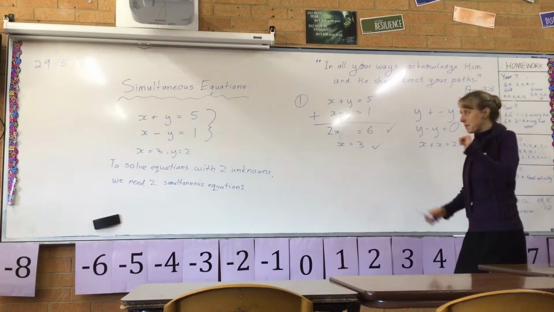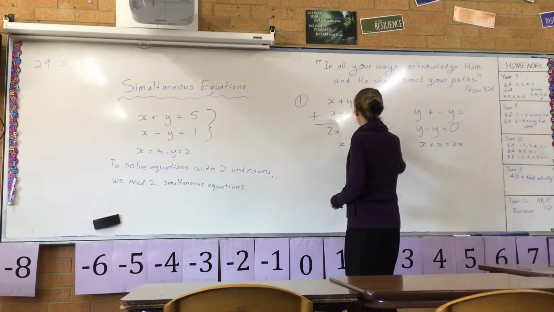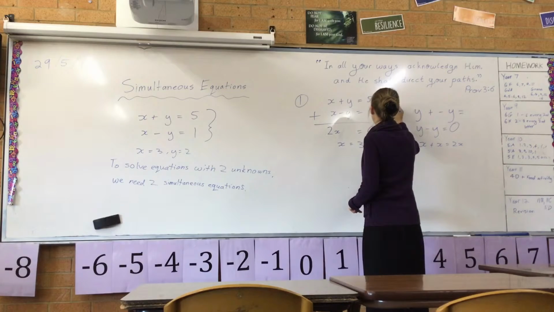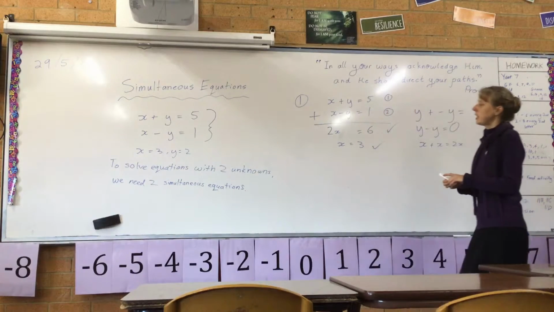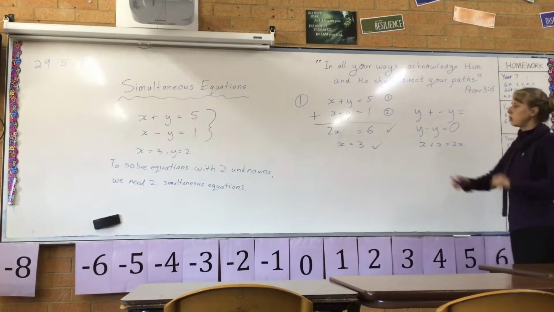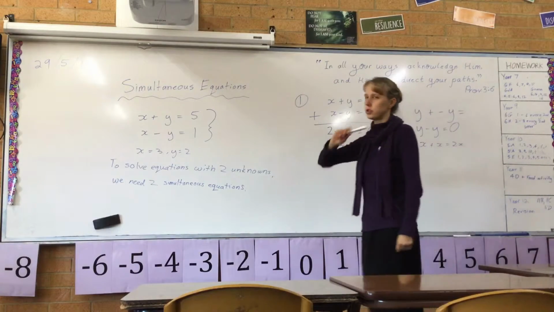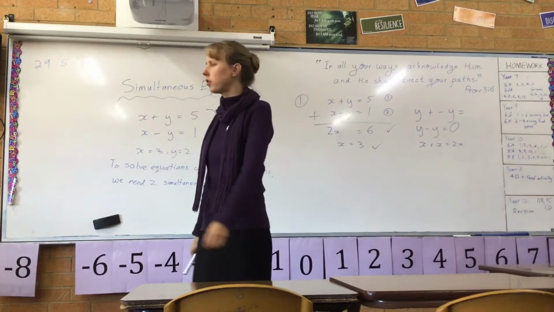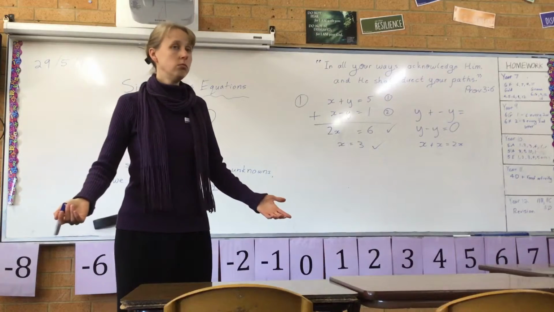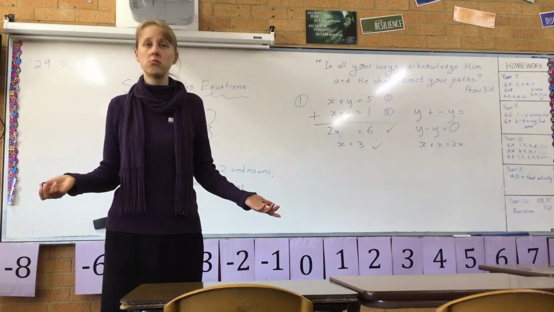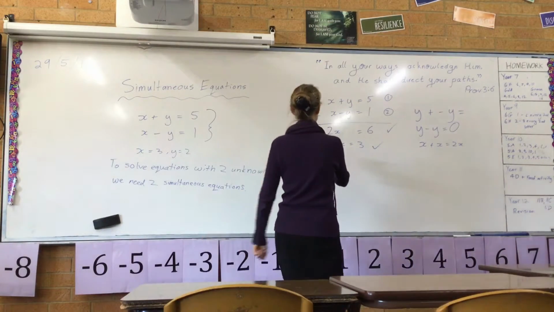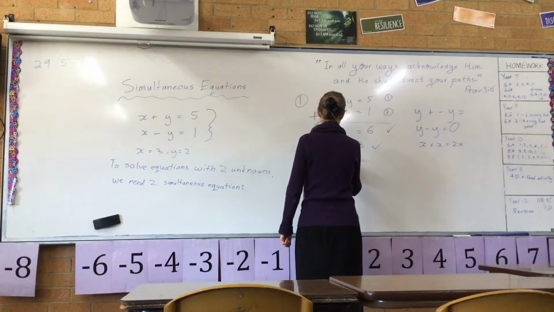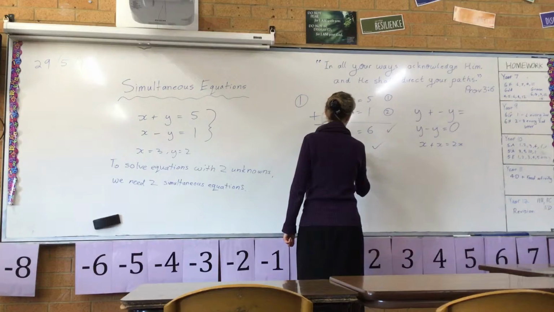So please remember. Okay, so what I'm going to do, I'm going to call them equation 1 and equation 2. It actually doesn't matter. I'm going to sub x equals 3 into one of those equations. Which one looks the easiest, 1 or 2? 1? Do you all agree 1 looks the easiest? Yes. Okay, so let's sub x equals 3 into 1.